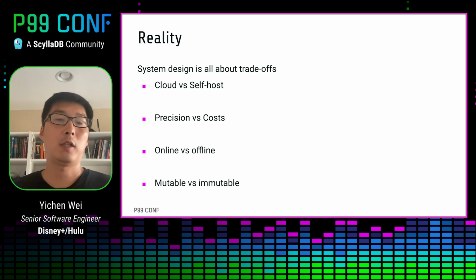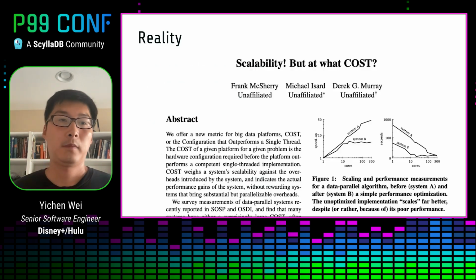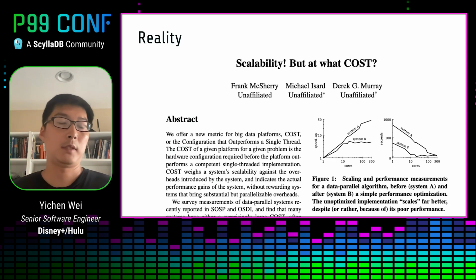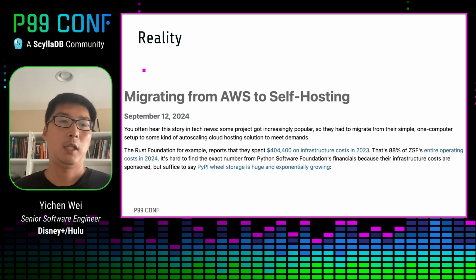So there are many trade-offs and debates for cloud versus self-hosting. Here are some papers, for example on scalability versus cost, and I would say there are so many blogs like this, on migration from the cloud to self-hosting or vice versa.